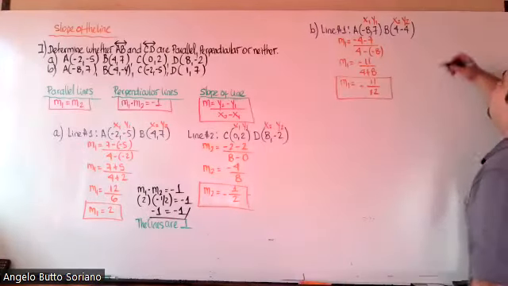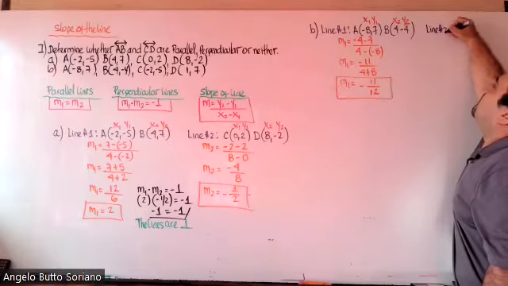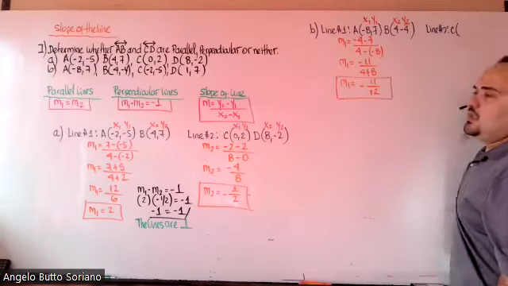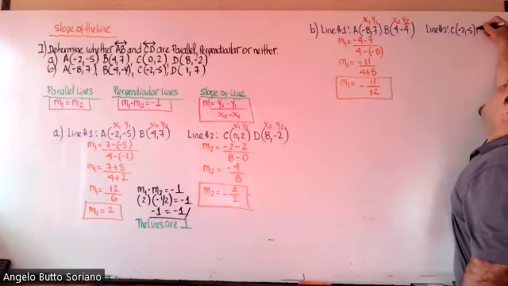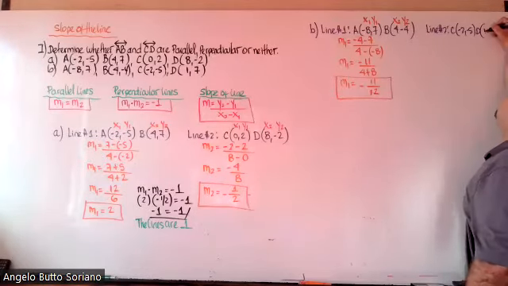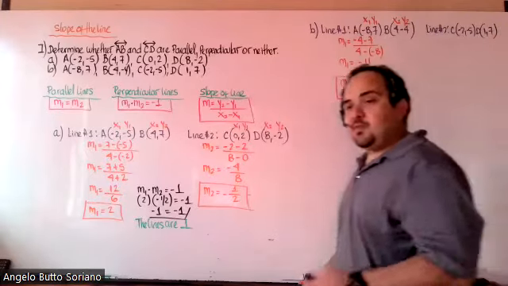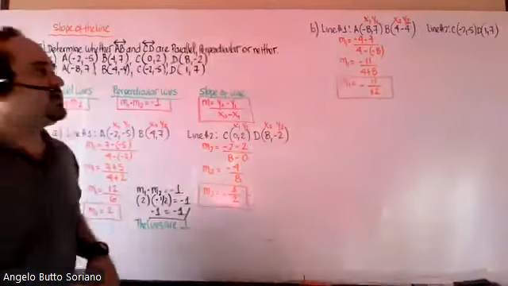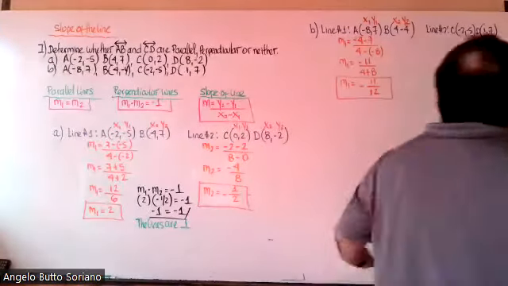Let's apply the same basic formula for line number 2. Remember, C is (-2, -5), and D is (1, 7). Let's perform the same operation to calculate the value of slope number 2.